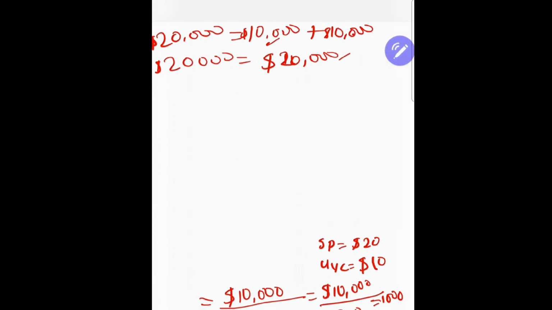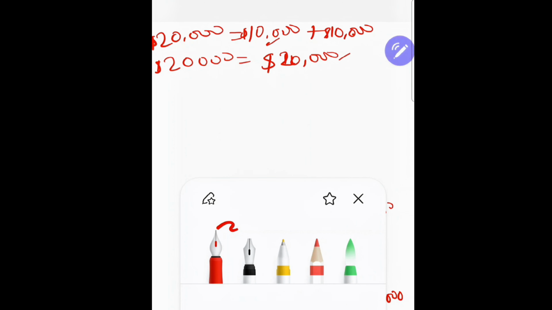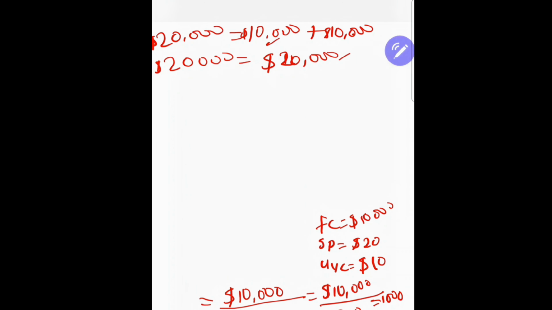Still the same, our fixed cost is $10,000, right? Now, with this calculation, let me use the blue. Now, we want to manipulate. Let's say our units is still 1,000. Our fixed cost is still $10,000.